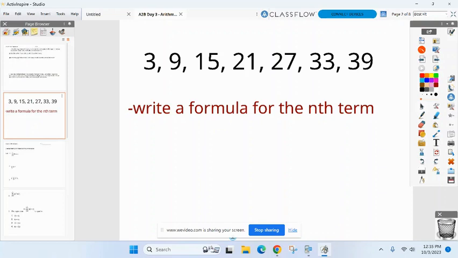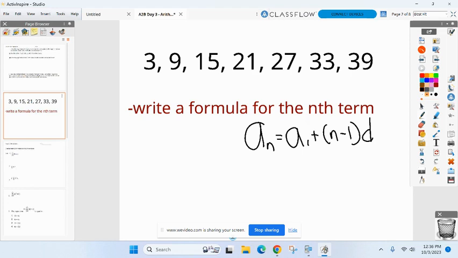All right, now, and this is what we're going to have to be able to do today. Write a formula for the nth term. A general formula, called the explicit formula. So we have a formula on our formula sheet that we're going to use every time we deal with an arithmetic sequence. That's where we live if it's arithmetic.